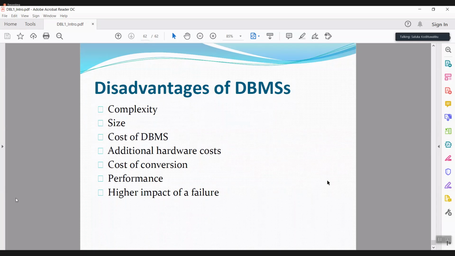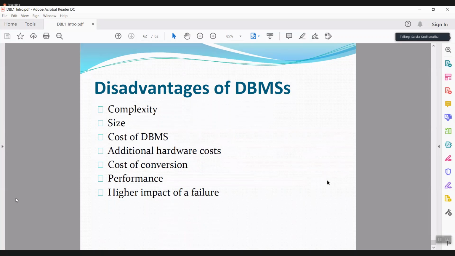Because when you construct and manipulate databases, you have to follow standards. You first define the metadata, then create the database structure, then accordingly store data, and then define your user views based on the conceptual schema.